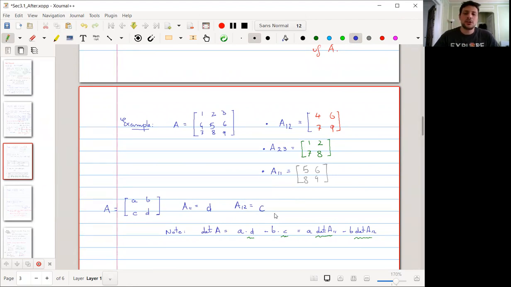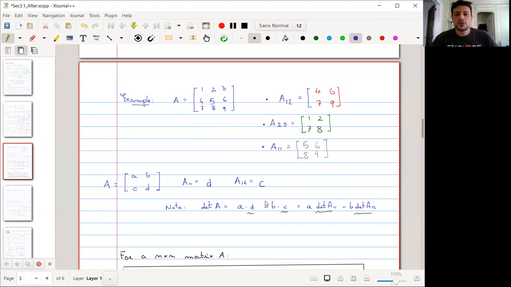And now I want to point out, before we move on to determinants of bigger size matrices, something that happens in the formula of the determinant of a 2 by 2 matrix.